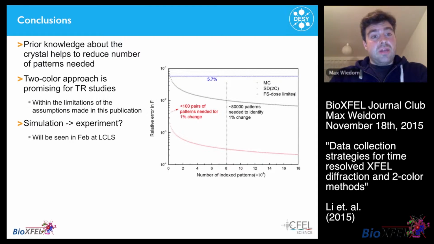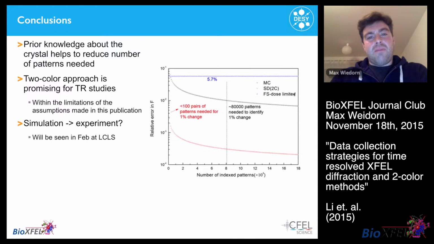And especially the Twocolor approach is really, really promising from what the authors found out. But there are also some drawbacks. If you recall, I said for the purpose of this paper, we assume that C1 and C2, the crystal factors, are the same.